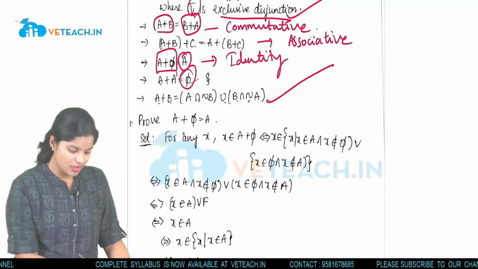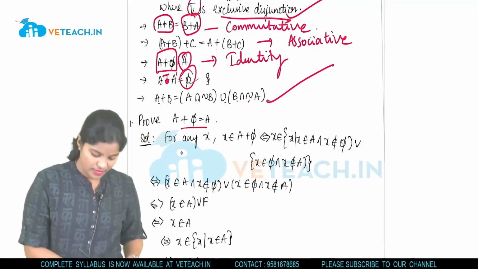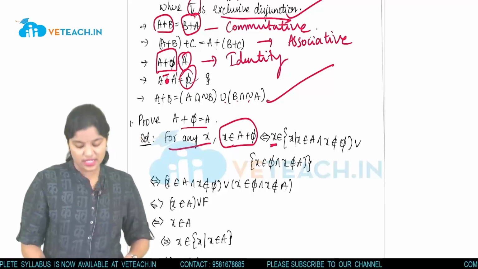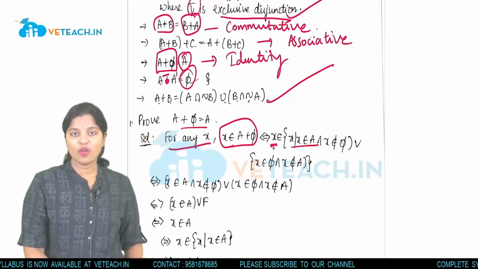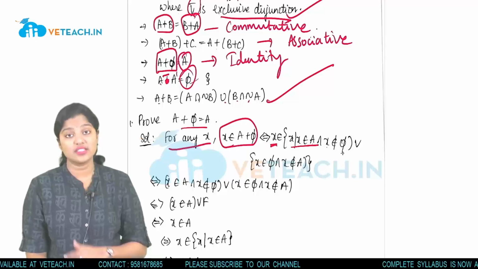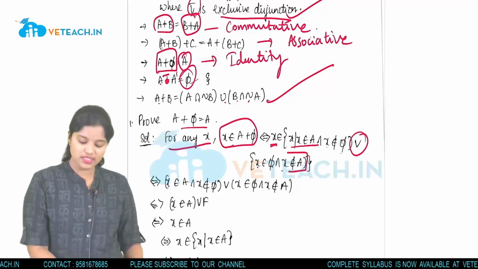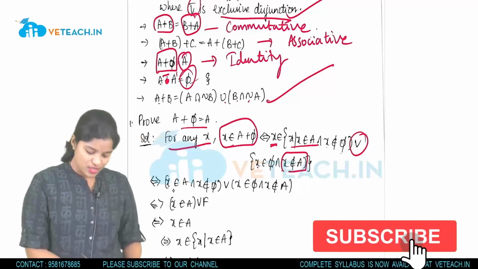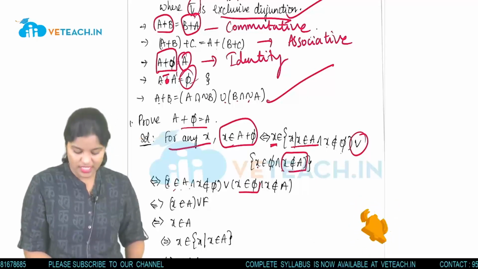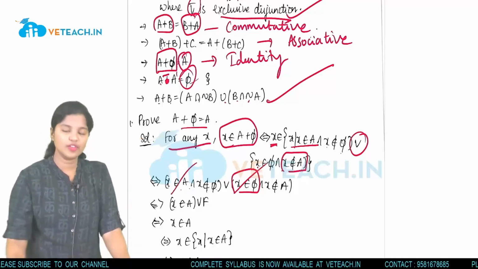A plus ∅ is equal to A. Here you should write A minus A, that is equal to ∅. For any x belongs to A plus ∅, such that, double implies, x belongs to A intersection x does not belong to ∅, or x belongs to ∅ intersection x does not belong to A. Here, so what we can write: x belongs to A intersection x does not belong to ∅, or x belongs to ∅ and x does not belong to A. In these both cases, any one case will be satisfied.